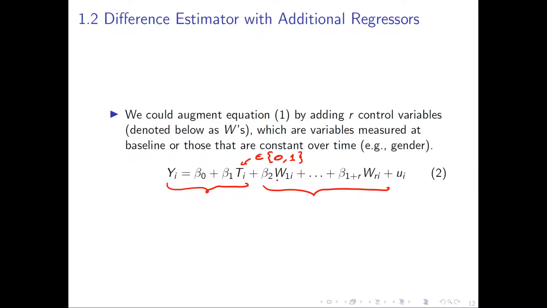And these control variables are variables measured at baseline at time t equals 0, and they are either constant over time, or not constant over time, like age.